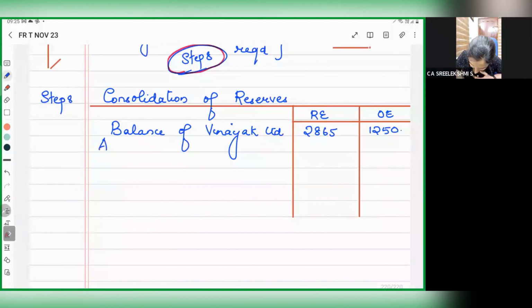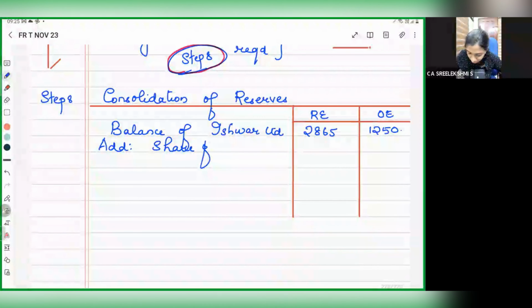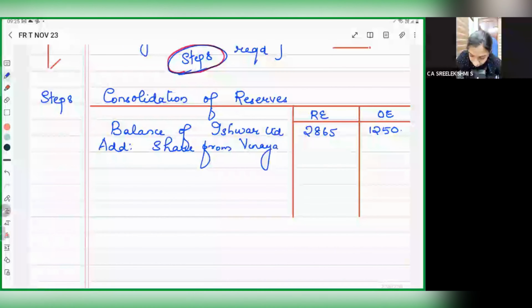Then add share from, always our step is to add share. Sorry, the holding company is Ishwar. Share from Vinayak. Add share from Vinayak.